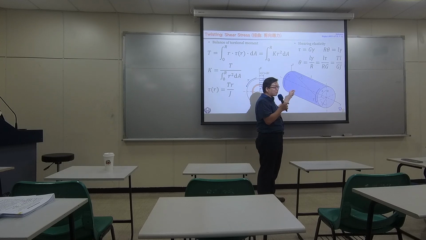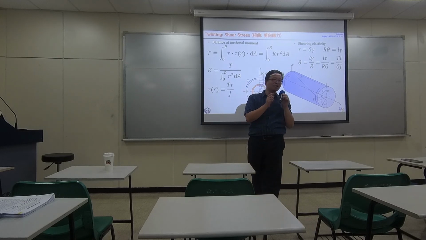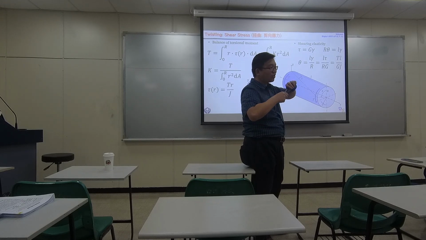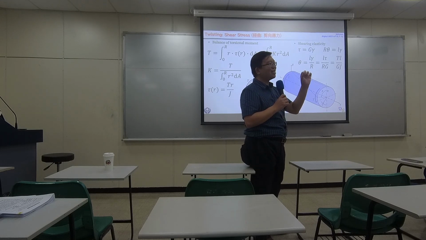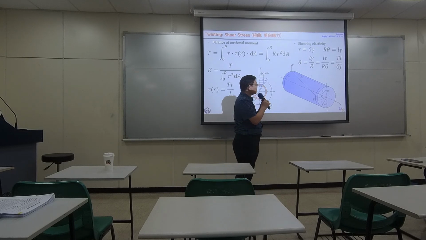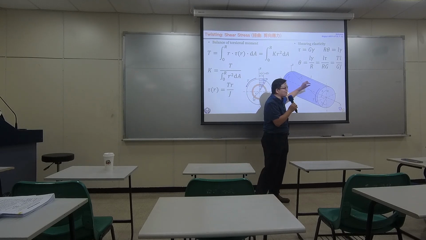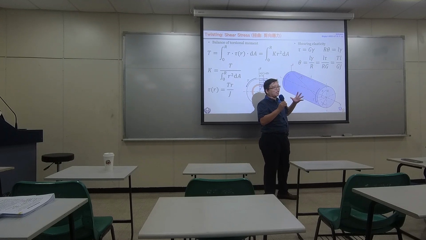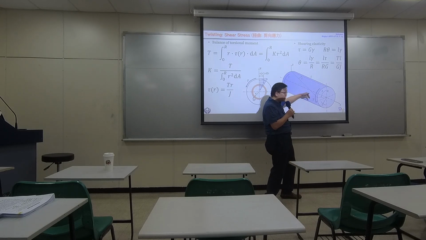You're right. But we are exaggerating a very small deformation. So think about this as a metal cylinder. If I try so hard to twist a metal cylinder, it will deform slightly. I can barely see its deformation. So we are actually talking about that kind of small deformation. But this figure exaggerates how much the material is being twisted.